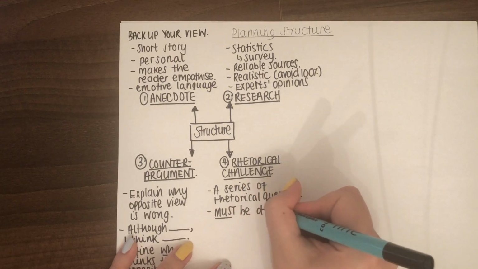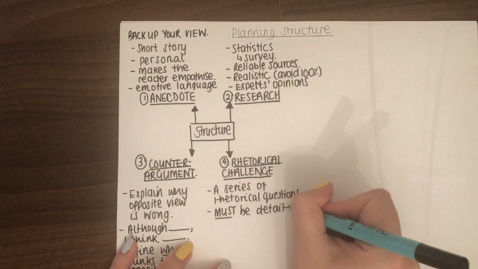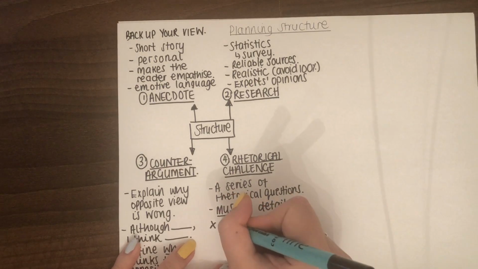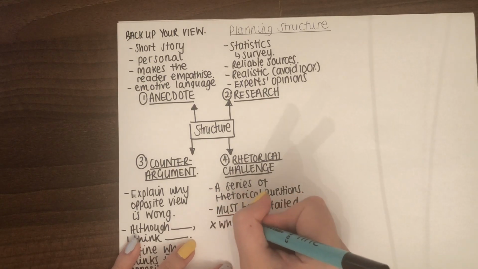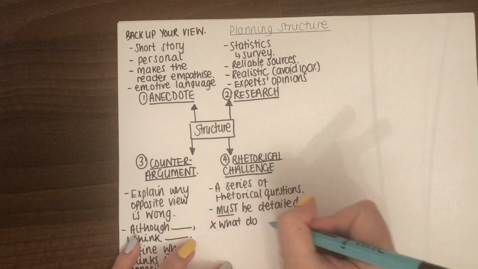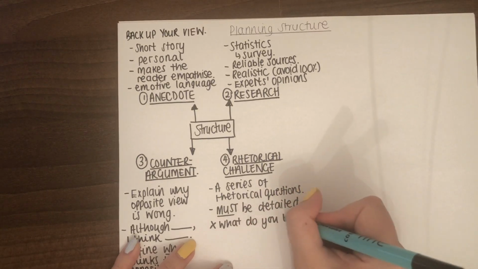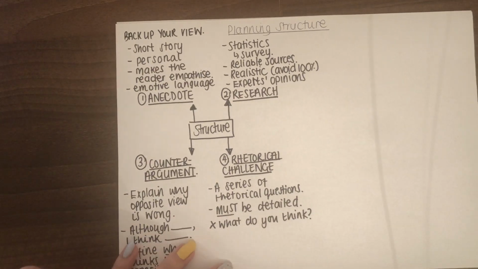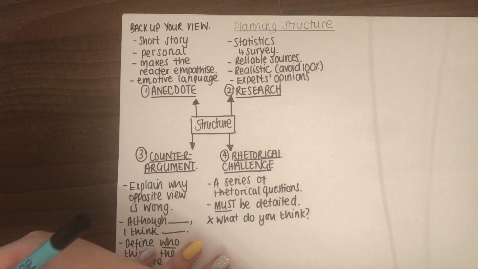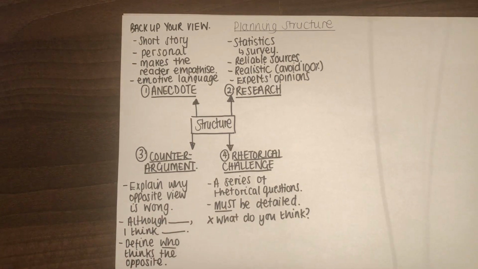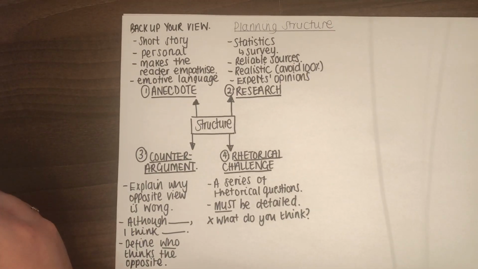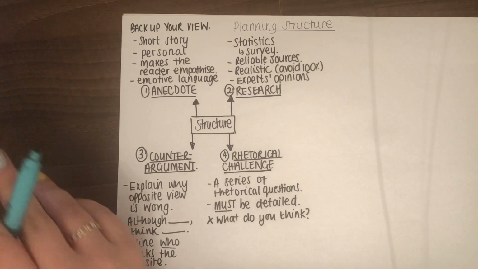be detailed. The types of things that we are not including are things like, what do you think? That is a ridiculous rhetorical question. And the reason it's a ridiculous rhetorical question is because it leaves them completely open to say they disagree. If you finish an argument with someone and then you say, what do you think? Then they can easily say, oh, I disagree with you.